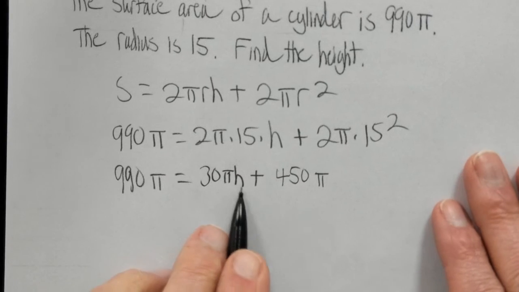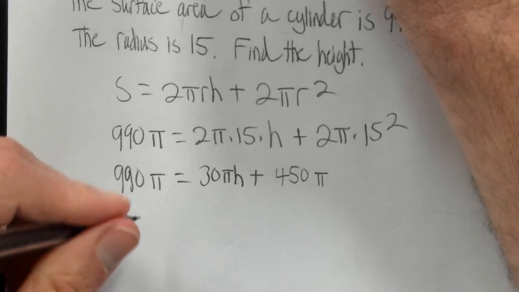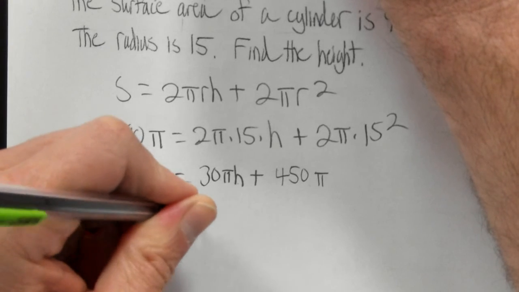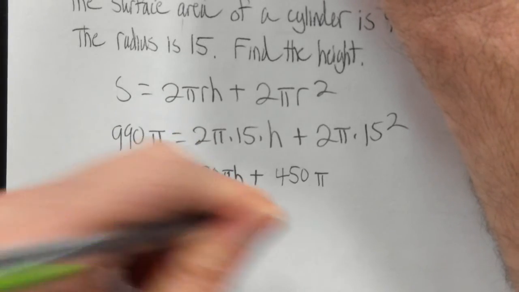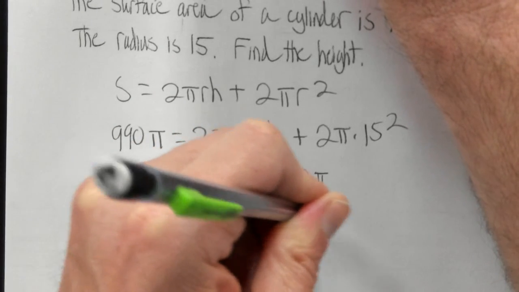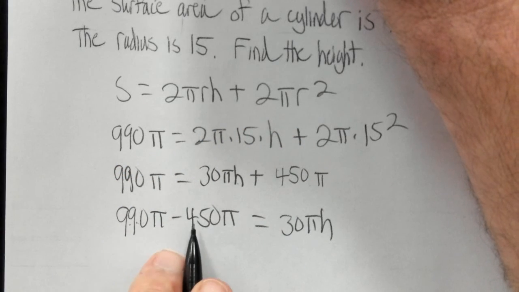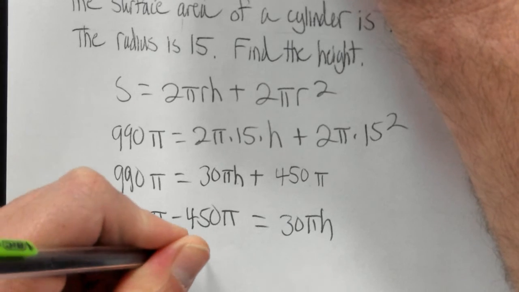So once again, I'm trying to isolate the h, so I'll move this term, the 450, to the other side. When I do, it becomes 990 minus 450 pi, and is equal to 30 pi h. I can subtract these two. 990 pi minus 450 pi is 540 pi.